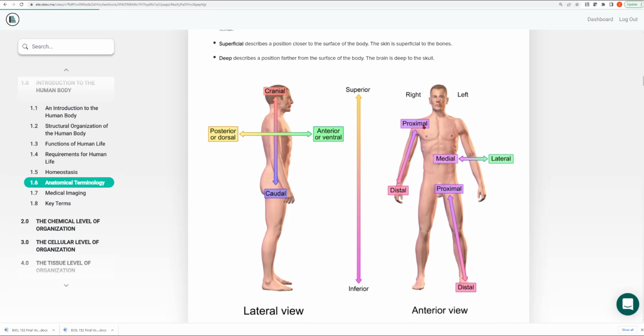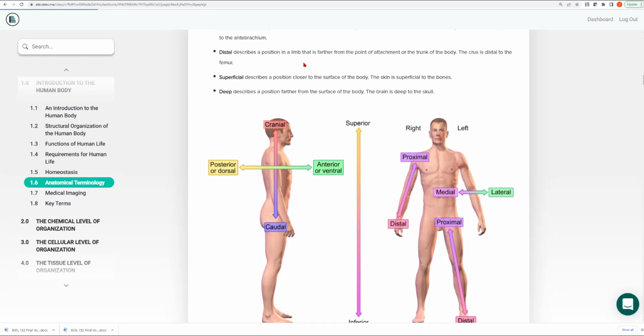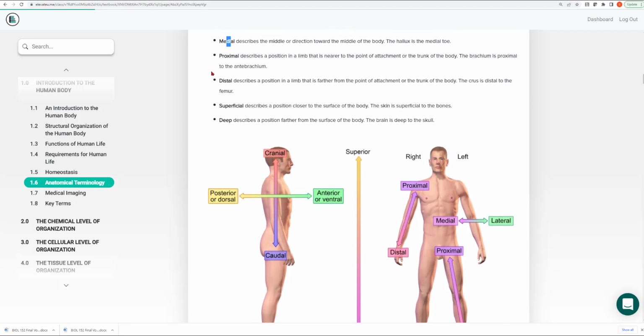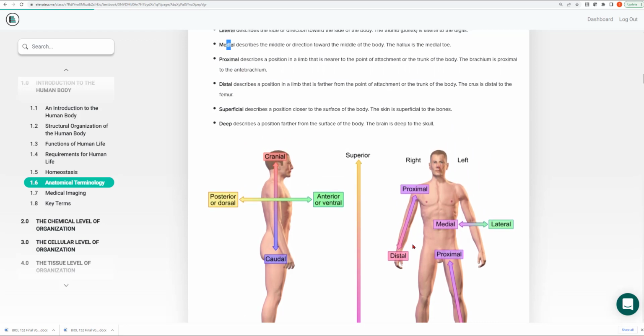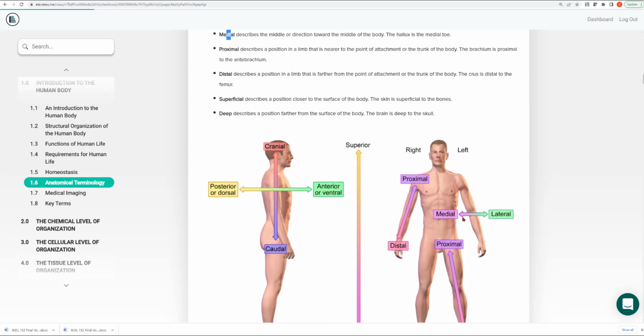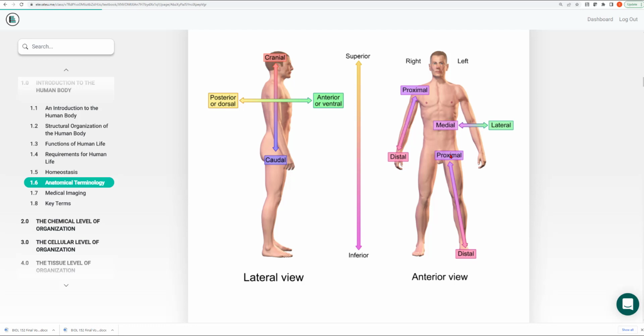Let's look at this image. When you're using these two words, proximal and distal, we're only going to use these words to describe the arm and the leg, the upper limb and the lower limbs. Proximal, where your arm attaches to the body, near the shoulder, that would be proximal. Further down toward the wrist, that is distal. In the leg, in the lower limb, proximal is up by the hip and distal is down by the ankle.